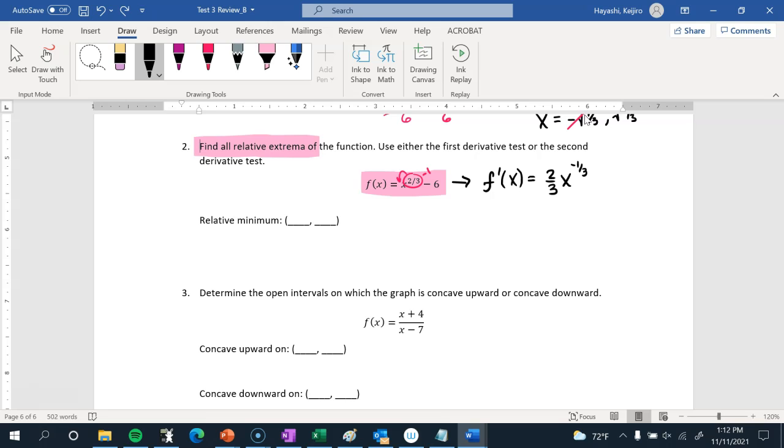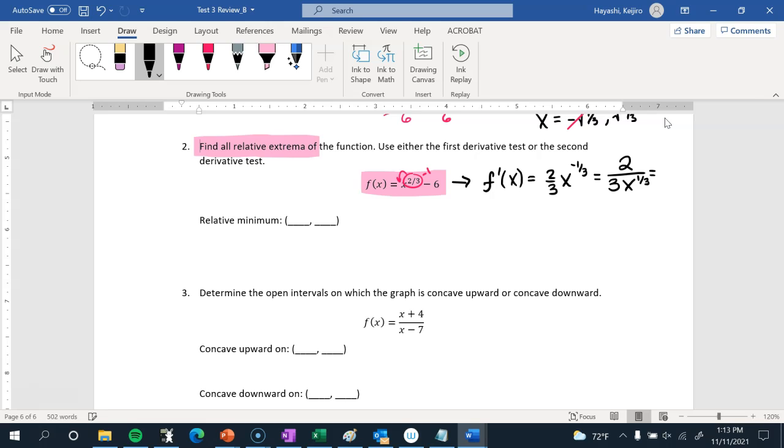Now, it might be easier to think of where f prime might be undefined or 0 if you rewrite this in a couple ways. First, the negative exponent means that you can send it to the denominator as a positive 1/3, so 2 over 3x to the 1/3.